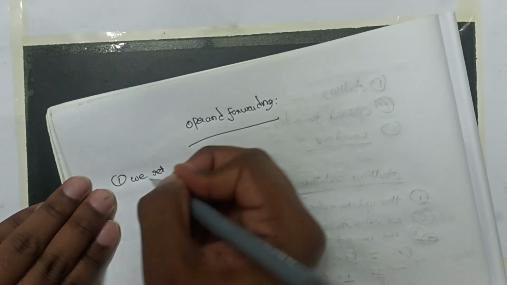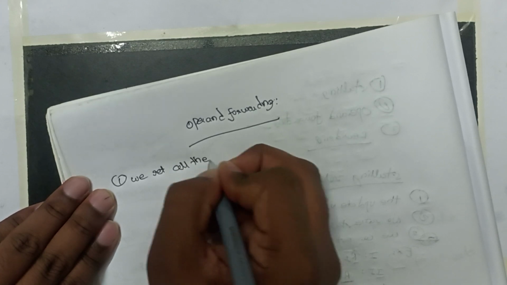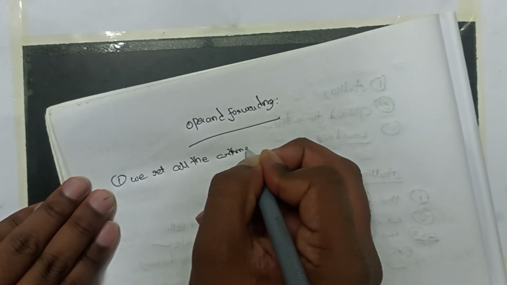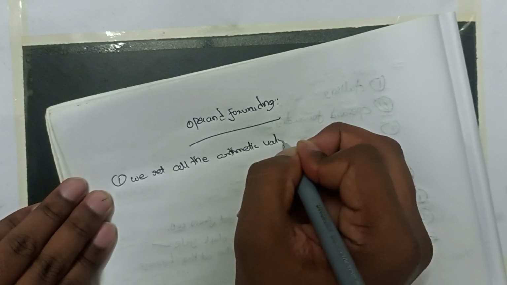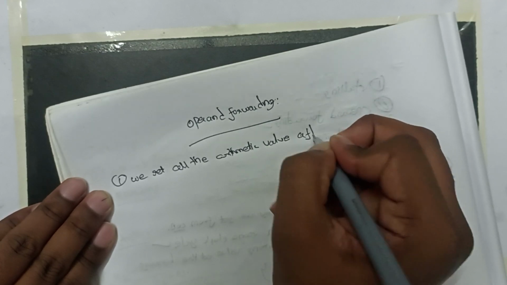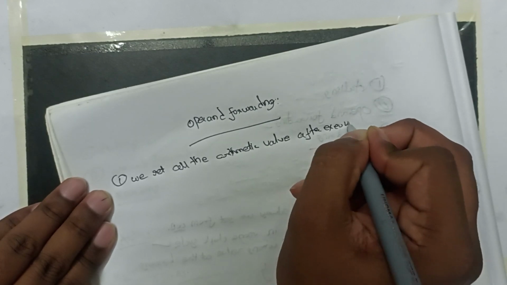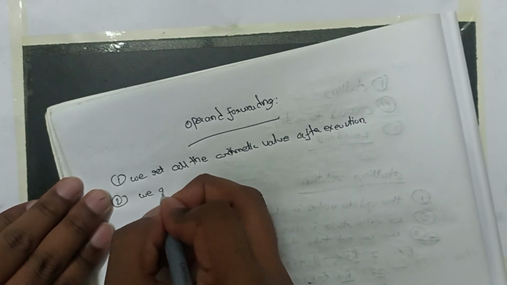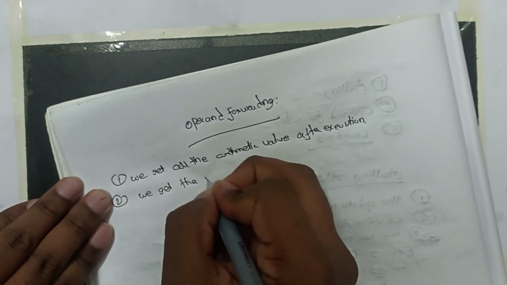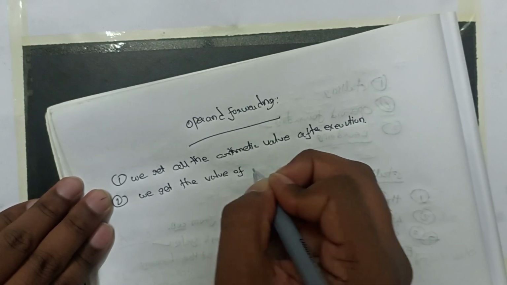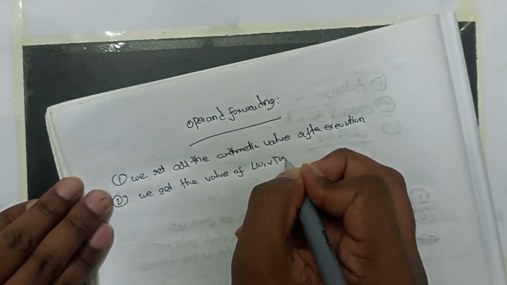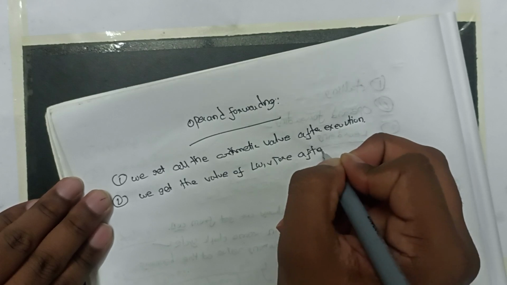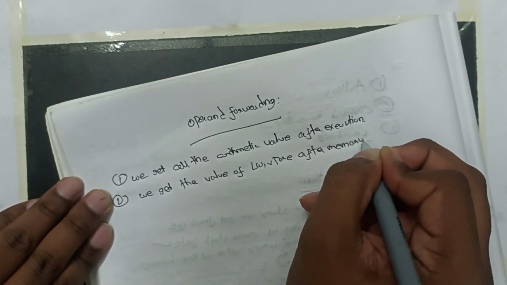We get all the automatic values after execution. And the second point is we get the value of load and store after memory.